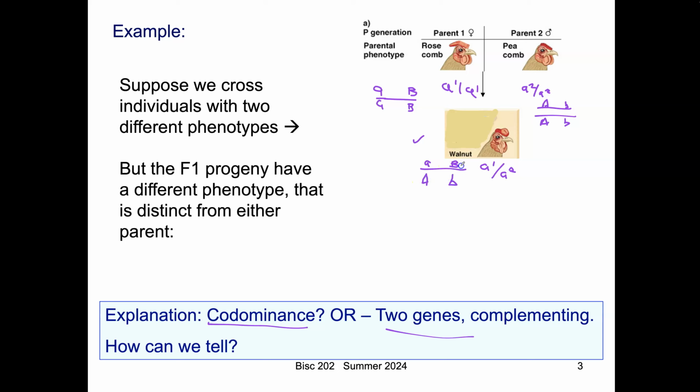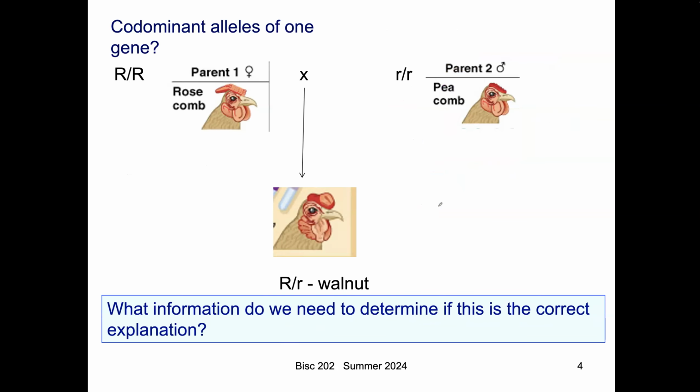You have one good functional copy of gene B and one good functional copy of gene A. So these are the 2 things that we're thinking about, and we're going to consider the possibilities for both in the class. So consider what information we need to determine if this is actually our correct outcome. You might stop and ask, what would you do? Would you cross these to each other, for example? That might be something to consider.